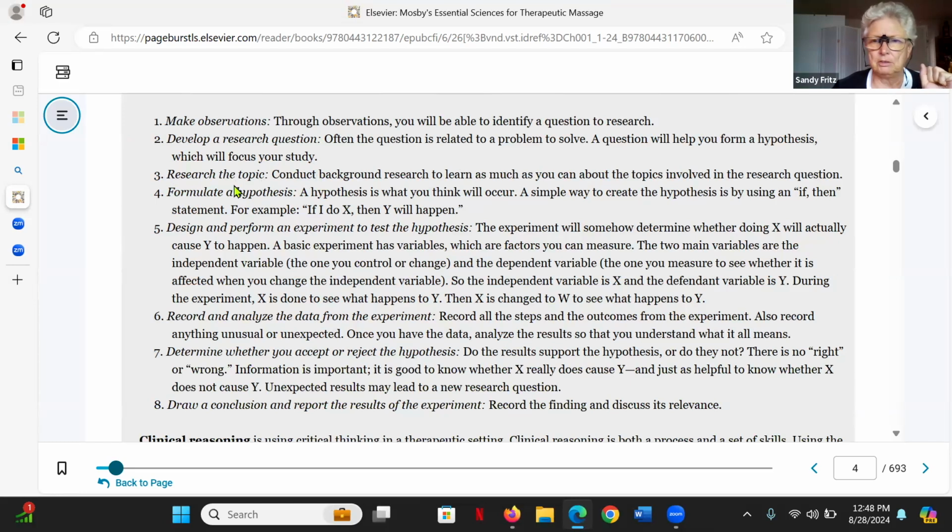Research the topic, and you will do literature research. You probably won't do scientific research, but you will use the websites I specifically recommend, Medline Plus and PubMed, to gather information.